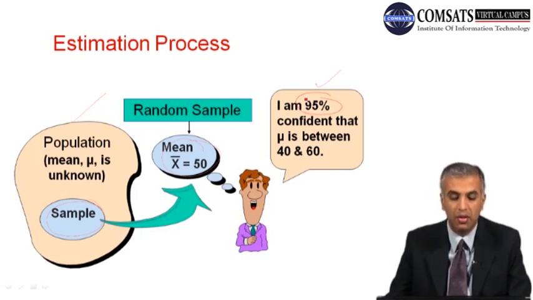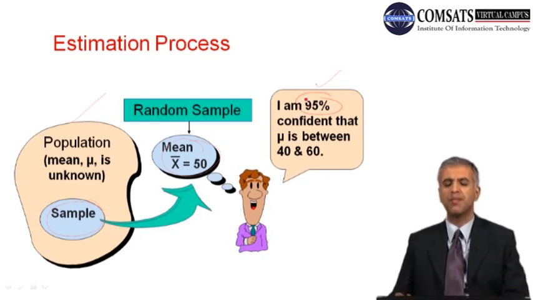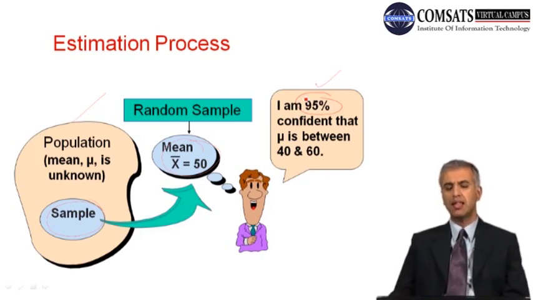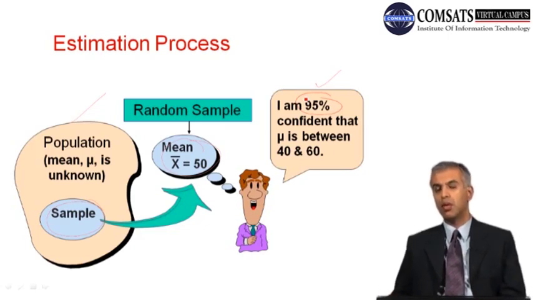The level of confidence depends upon the way you conduct this estimation process. This was the concept we discussed in the confidence interval case, and though we have gone through many formulas, the crux of the whole thing matters a lot more than the formula. That's why this was the main concept.